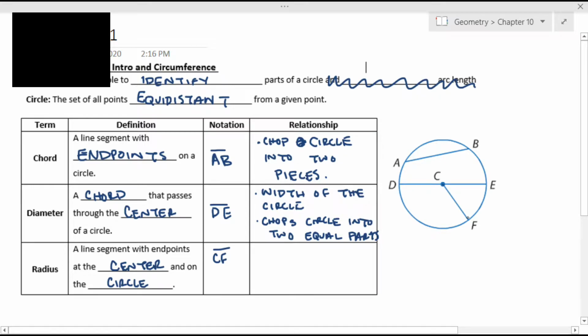So C to F. And it's half the length of the diameter. All right, so that's the vocab.